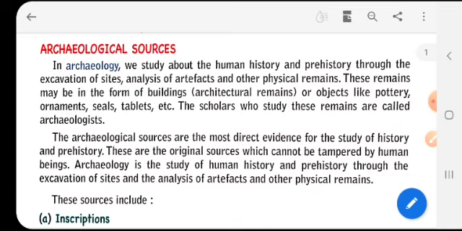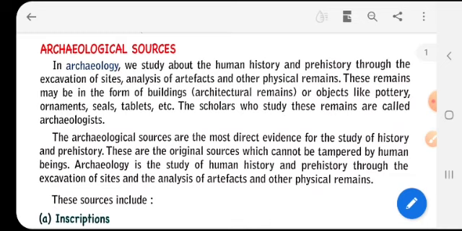The archaeological sources are the most direct evidence for the study of history and prehistory. These archaeological sources give us a lot of evidence. They prove that something or the other existed in that place.